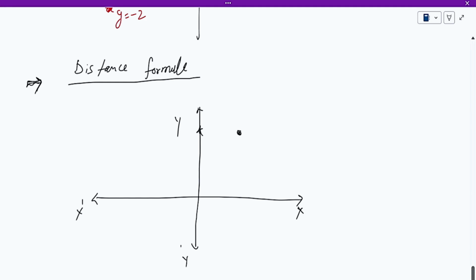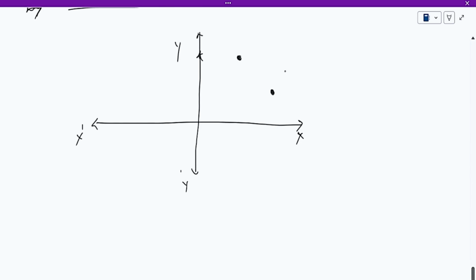Now suppose we have another point also. If we want to know the distance between these 2 points, we'll go with the distance formula. That is what we are going to discuss now.